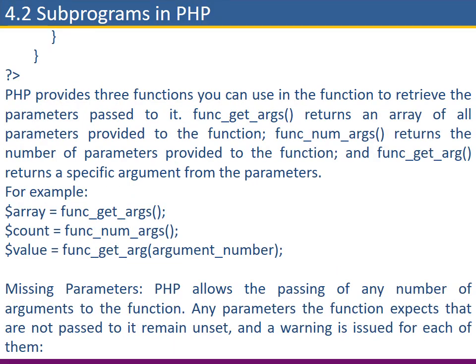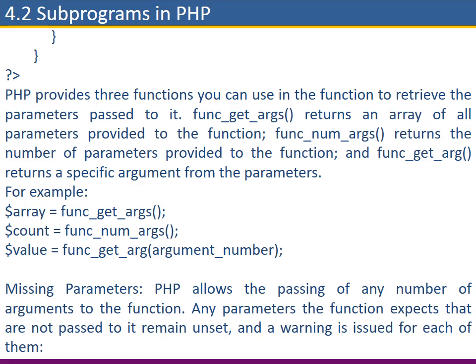PHP provides 3 functions that we have used in the last code example, and we can use them in the function to retrieve the parameters passed to it. The first is the func_get_args function, which returns an array of all parameters provided to the function.